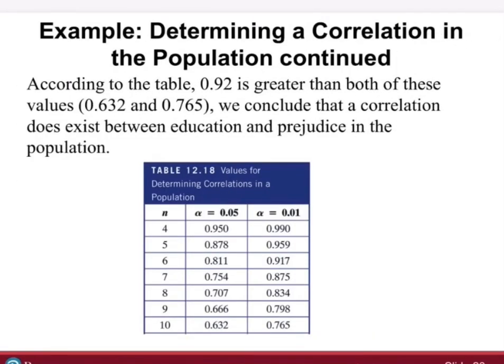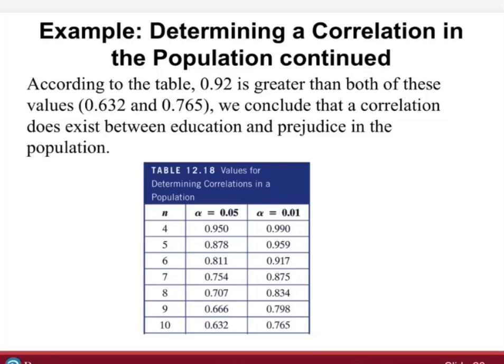There we go. Okay, according to the table, table 12.18, 0.92 is greater than both of these values, 0.632 and 0.765, right?